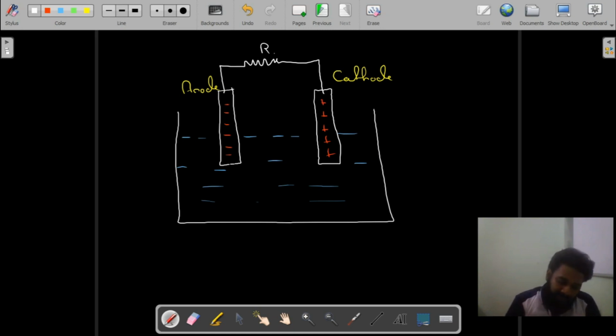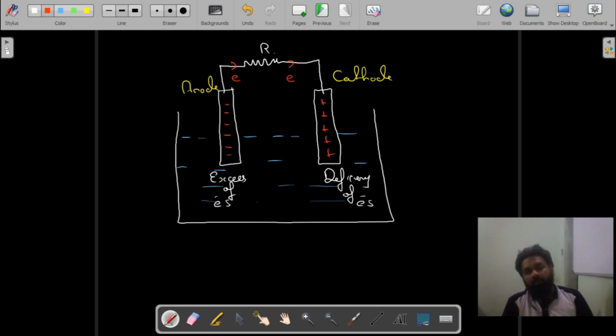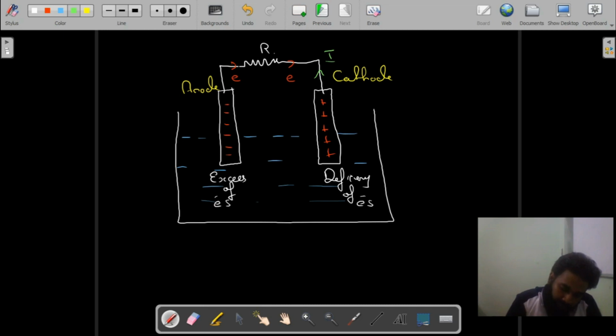There will be an excess of electrons at the anode, and at the cathode there is a deficiency of electrons. So electrons will be flowing from anode to cathode, and so current will be flowing from cathode to anode.